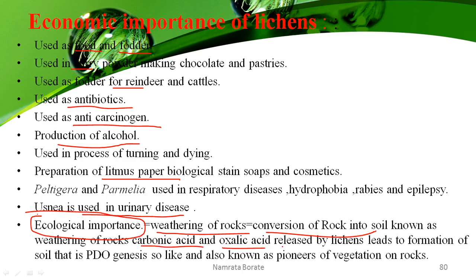These acids are released from the lichen, and due to this there is weathering of the rock, and the result is the formation of soil. So lichen is known as the pioneer of vegetation on rocks.